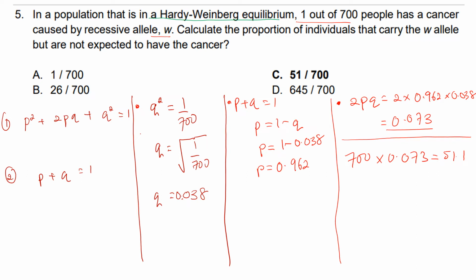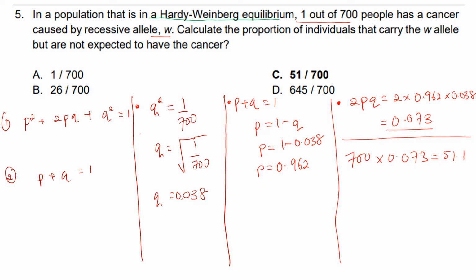The statement says 1 out of 700 people has the cancer caused by the recessive allele. So homozygous recessive individuals, which have the genotype small w small w, will have the cancer. One out of 700 people will have the homozygous recessive genotype.